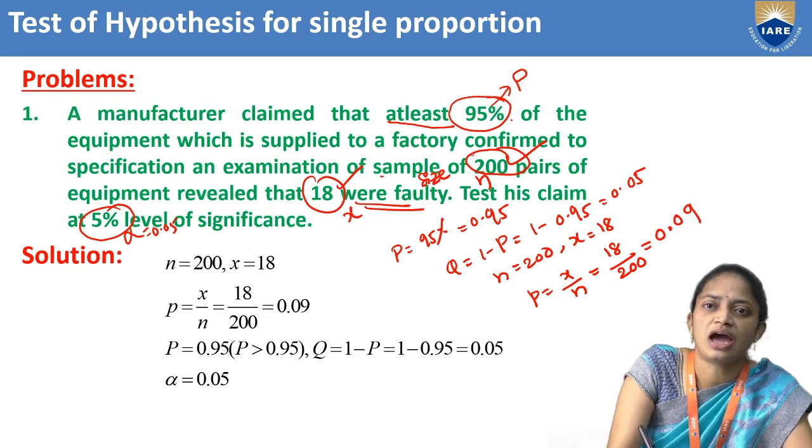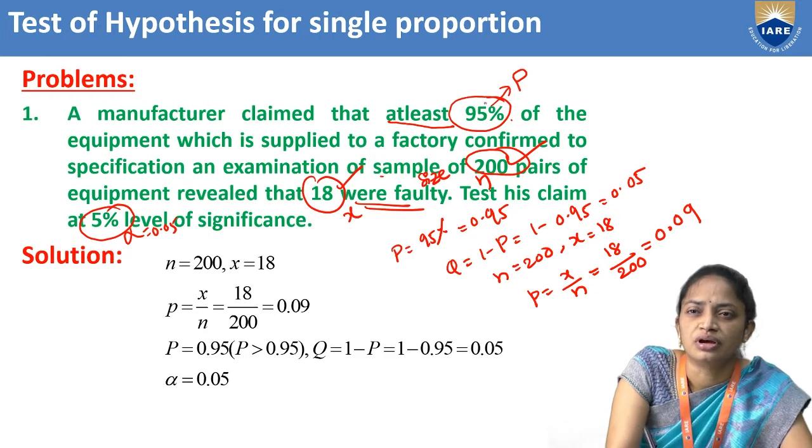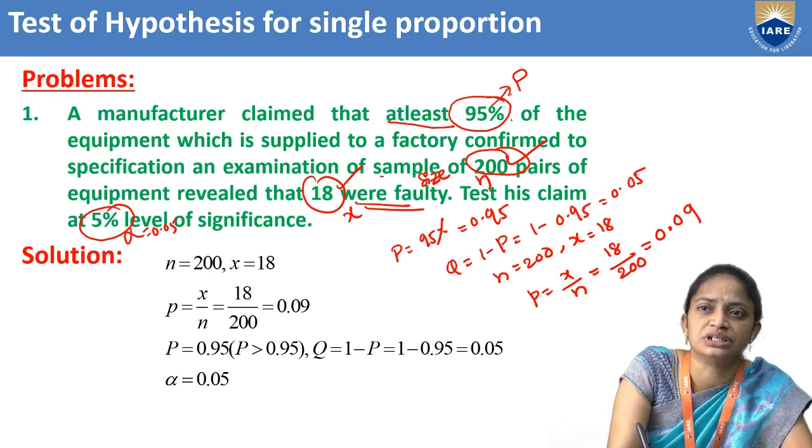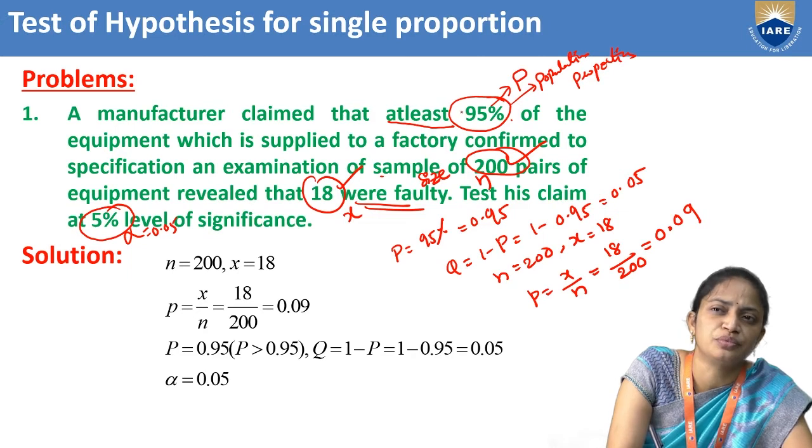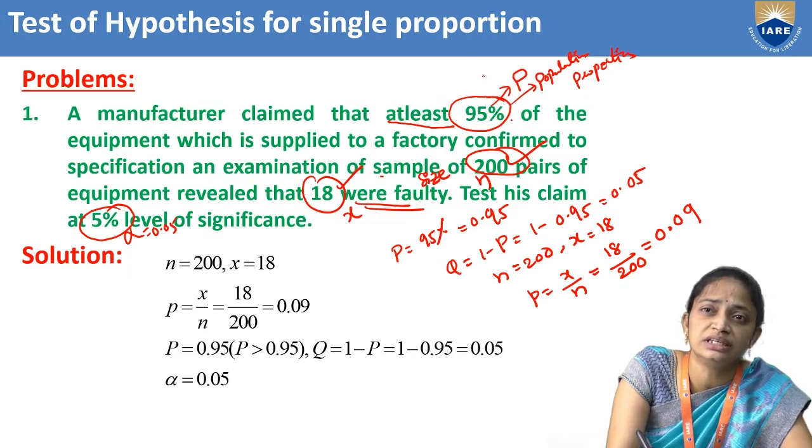So I have told you, before population proportion, and before population mean in single sample, one statement will be there. This is possible only in a single sample. So in single mean or single proportion, before population mean or population proportion, one statement will be there.